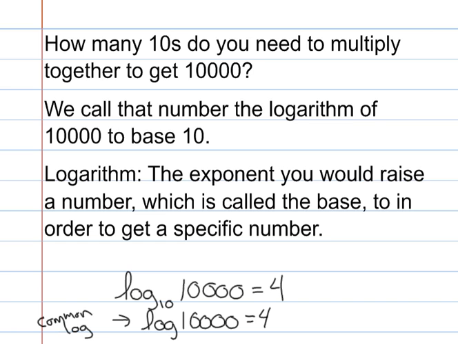Alright, so let's make it a little bit more generic now. You're always going to have the log of some base of some number, and this is always going to give you some exponent. I'm actually going to let x represent the exponent. This is what we call logarithmic form.